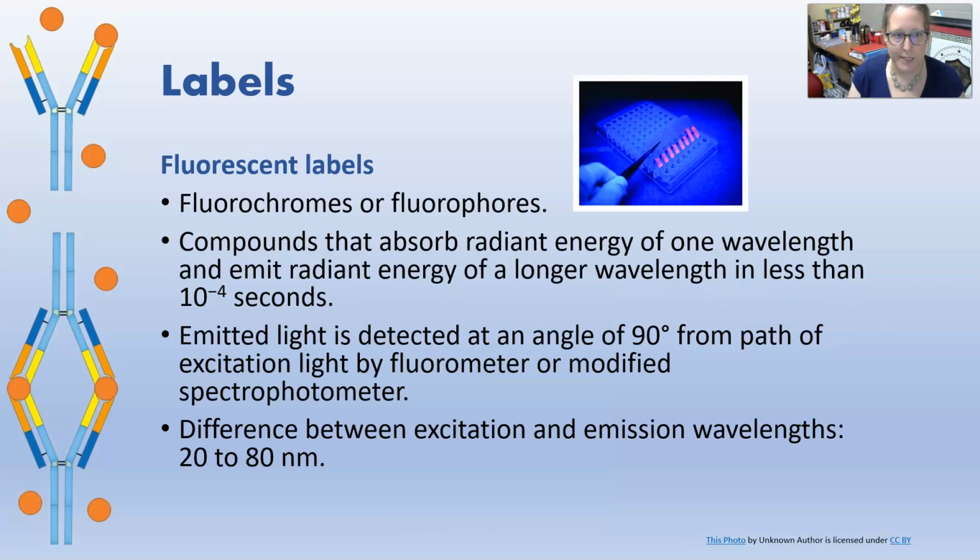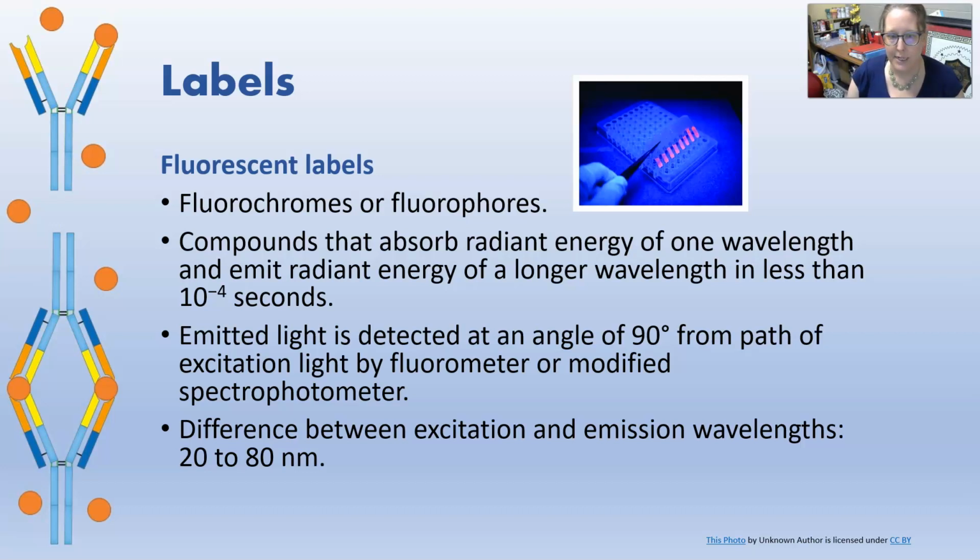There are also fluorescent labels. There are fluorochromes or fluorophores. These are compounds that will absorb radiant energy of one wavelength and emit radiant energy of a longer wavelength in less than 10 to the negative 4 seconds, so really quickly. The emitted light is detected at an angle of 90 degrees from the path of the excitation light by a fluorometer or a modified spectrophotometer.